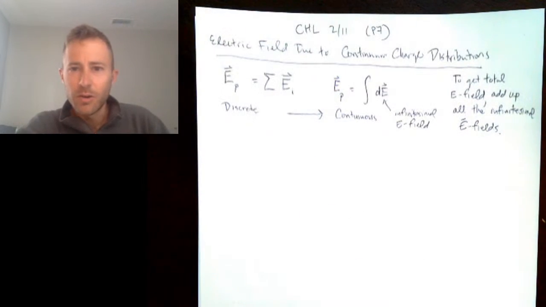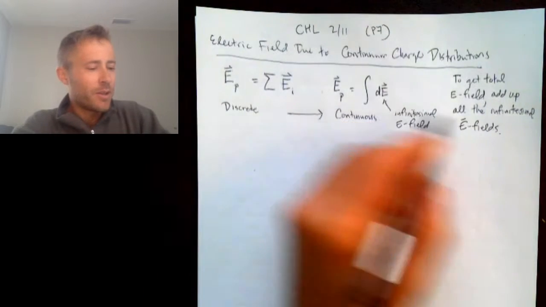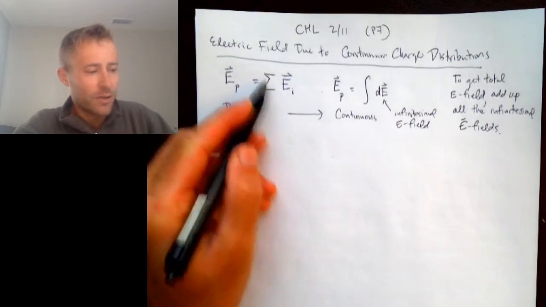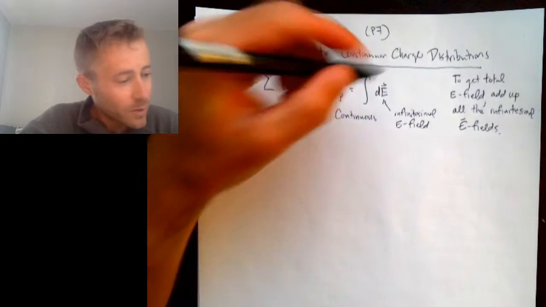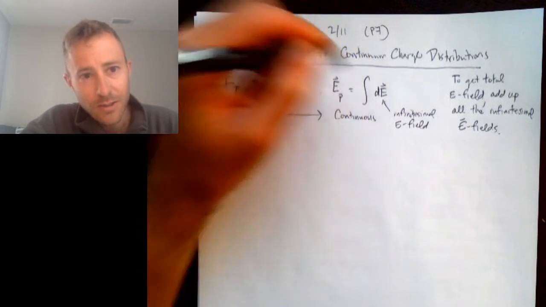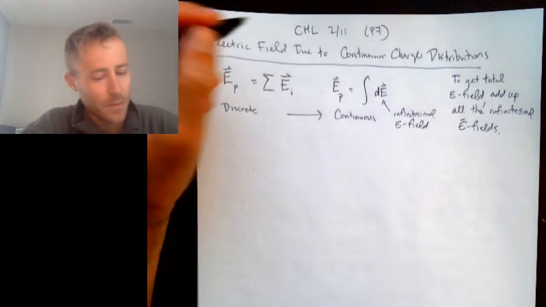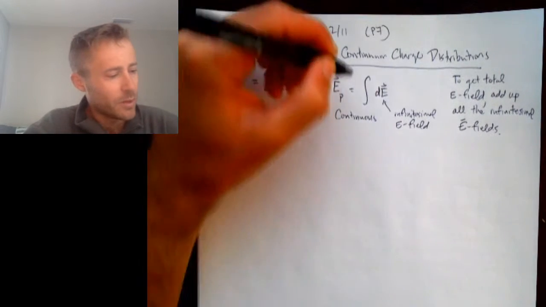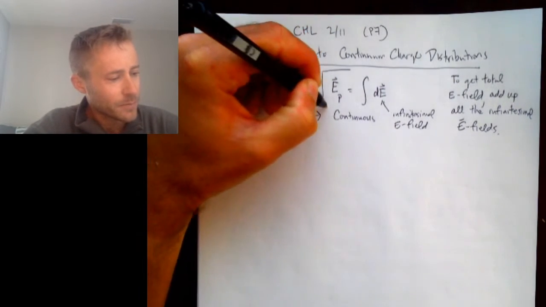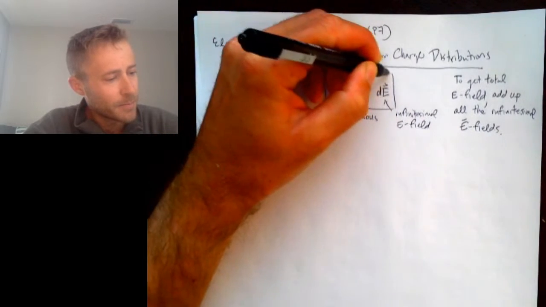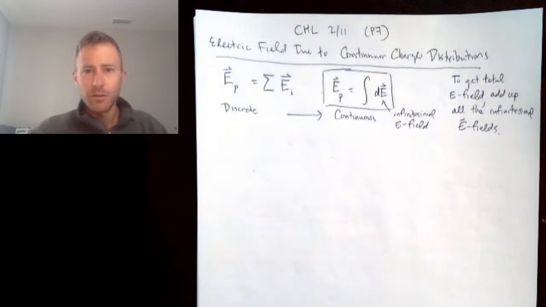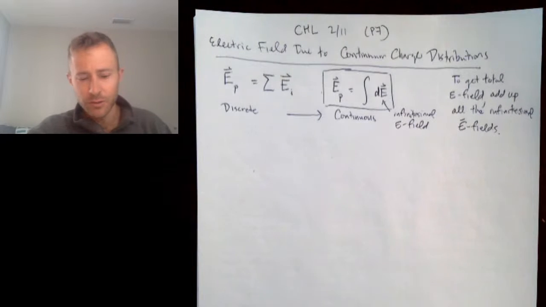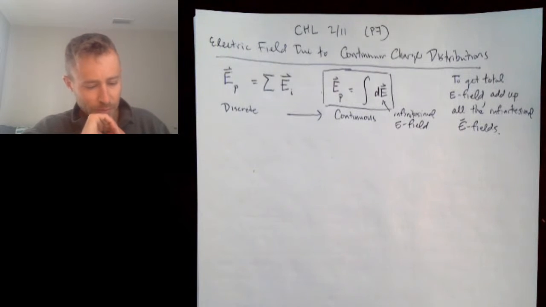Okay, so when you're adding up things that are infinitesimal, it's not a sum, it's an integral. And in fact, the integral sign is an extended s for sum. Okay, so this is how we're going to be calculating the electric field in the next few lessons as an integral.